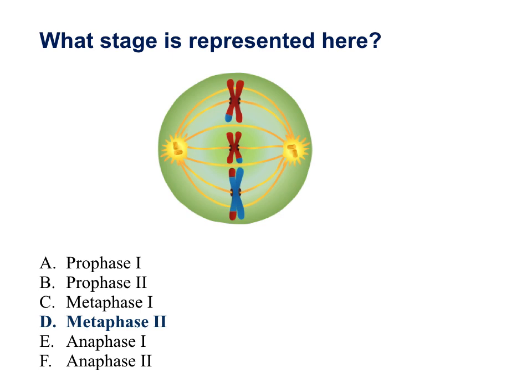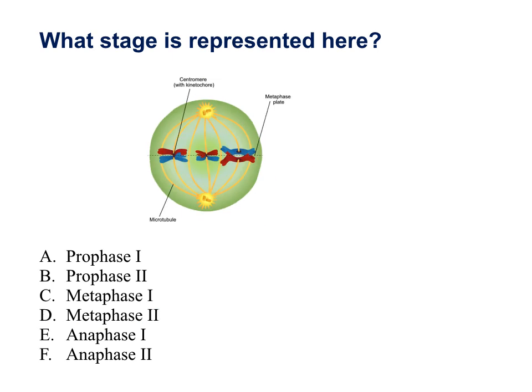Instead, it is metaphase 2, okay, where we see the chromosomes aligned midway between the spindle poles. The spindle microtubules are attaching to the sister chromatids and are getting ready to move the sister chromatids to the opposite spindle poles, not moving apart homologous chromosomes.